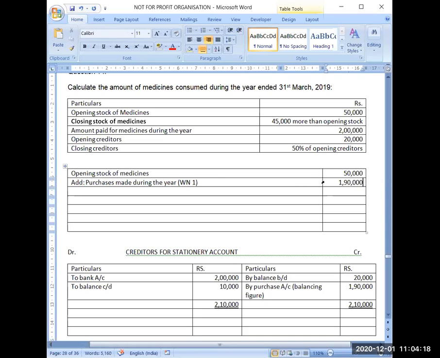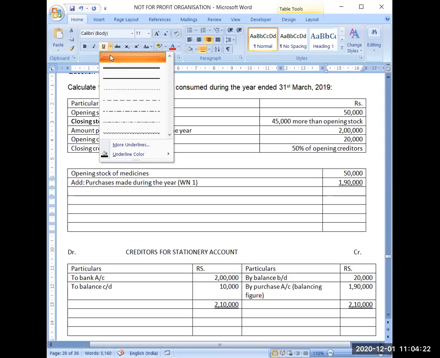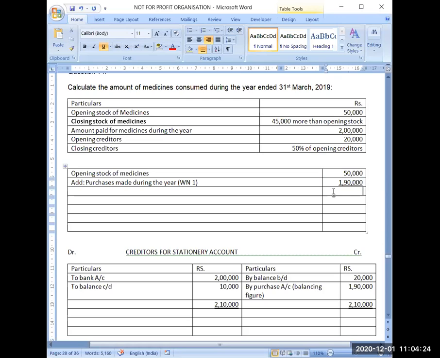Now we will add it, and we will get the total. Total will become 2,40,000. Out of this 2,40,000, we will deduct the closing stock of medicines.